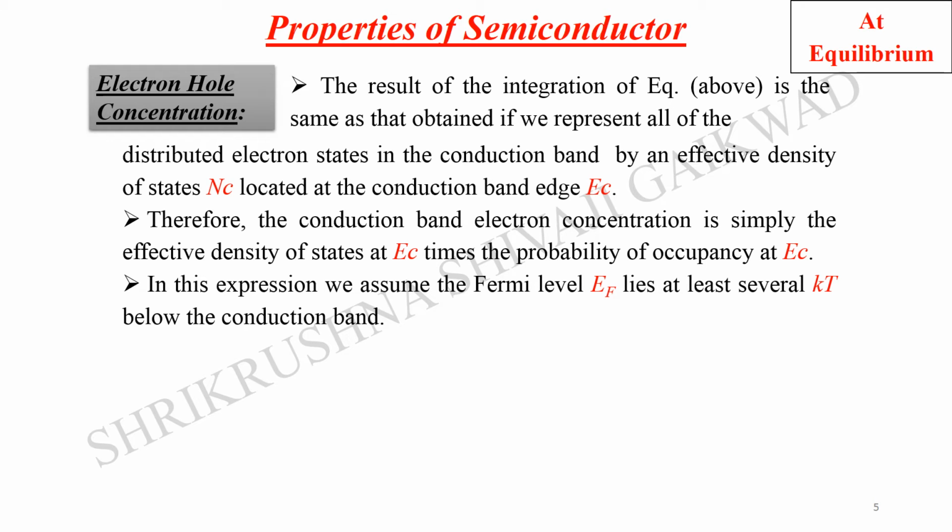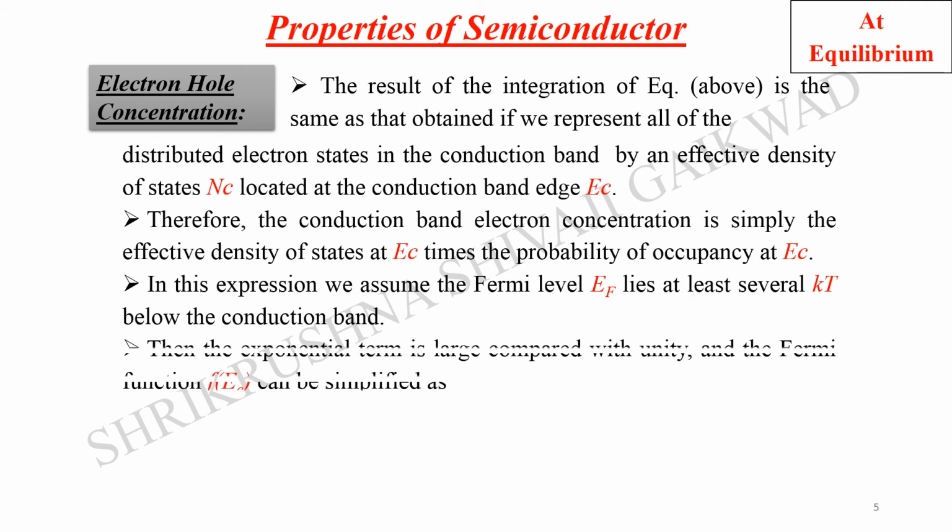What we assume here is that the Fermi level EF lies at least several kT below the conduction band. Then this exponential term is large compared with unity, and the Fermi function can be simplified.